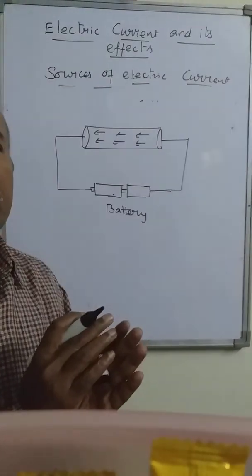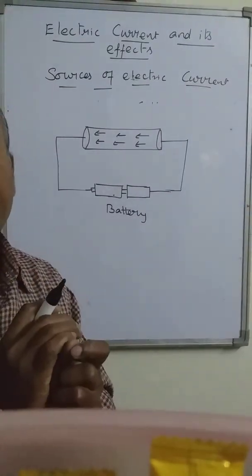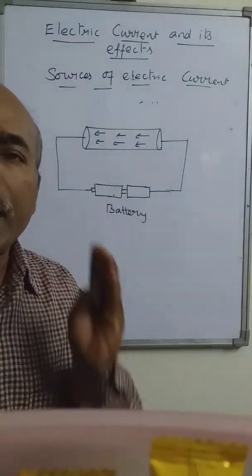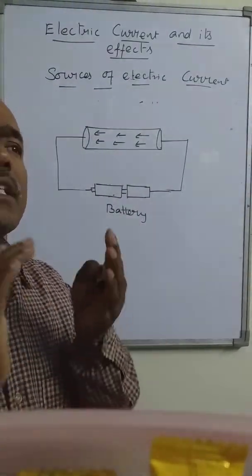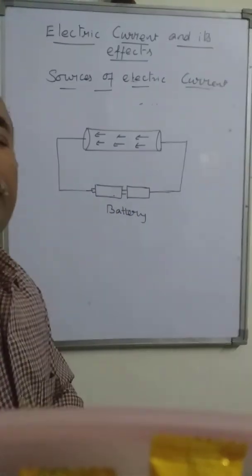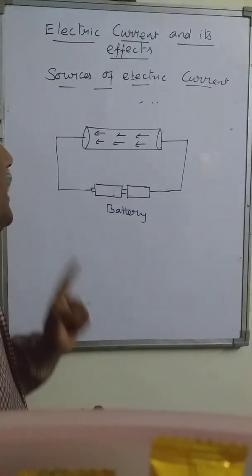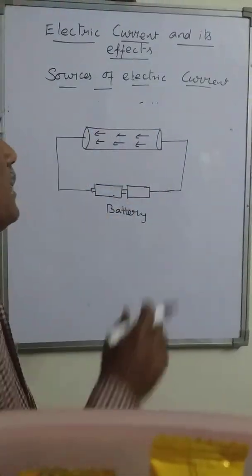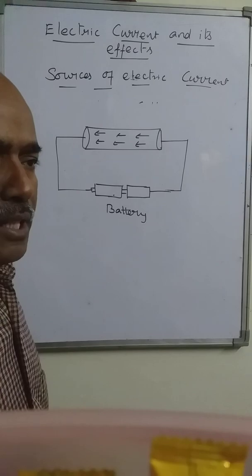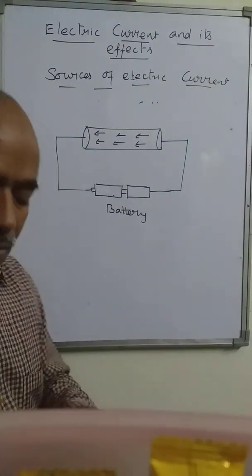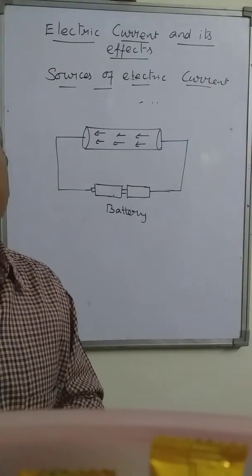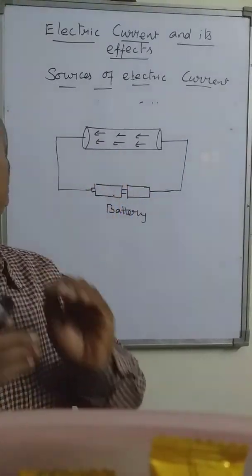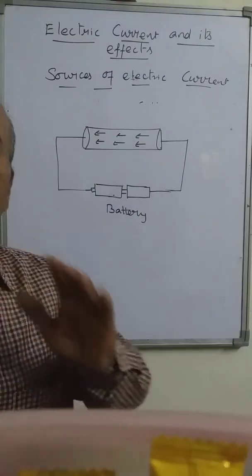There is a slight difference between a battery and a cell. A cell is the single one, and a battery is a group of cells connected together to flow the electric current through any material. Due to this group of cells, the electric current flows through the conductor. Now we can observe that the amount of electric current flowing through this conductor is increased.